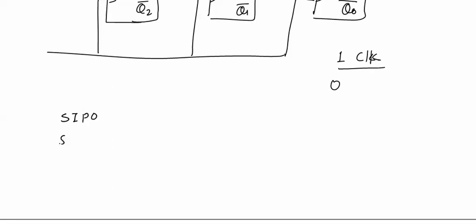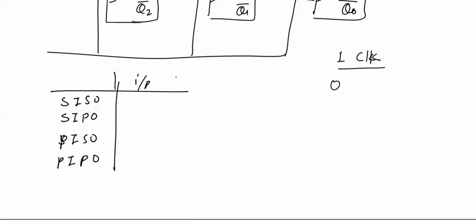Serial input parallel output, serial input serial output, parallel input serial output, parallel input parallel output, for input and for output. We know that inputting the data serially will require clock pulses equal to the number of bits.